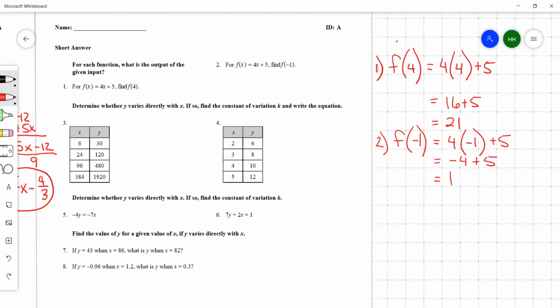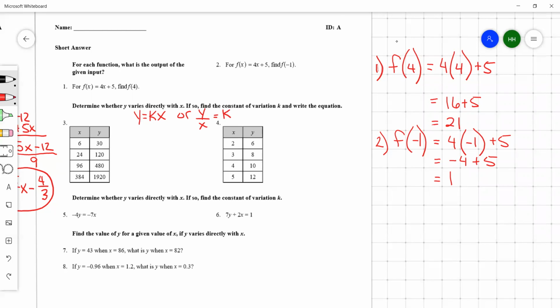All right, determine whether y varies directly with x. Remember, if y varies directly with x, then y equals a constant times x, or y divided by x equals a constant, which means the same thing every time, right?